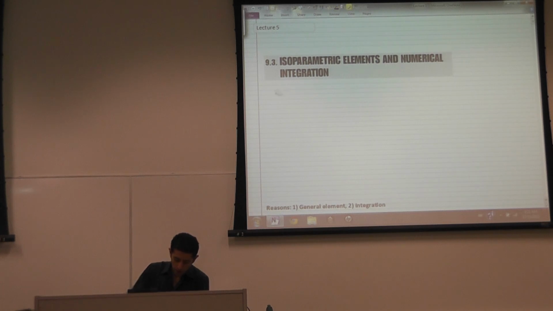So far, we have achieved compatible displacements, or compatible elements, in both the linear version and the nonlinear version.